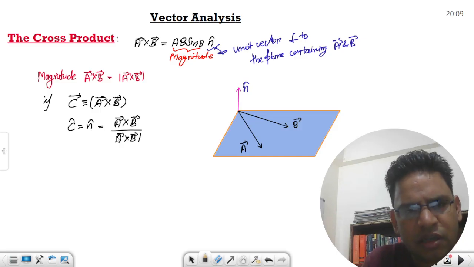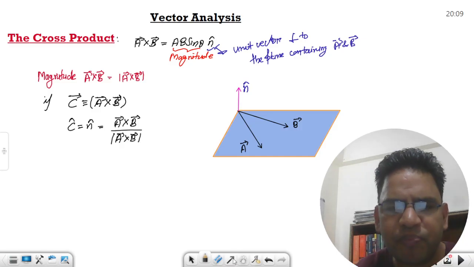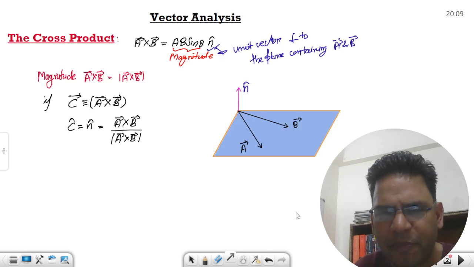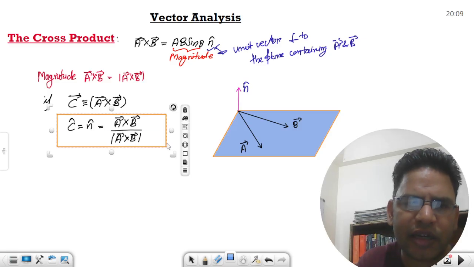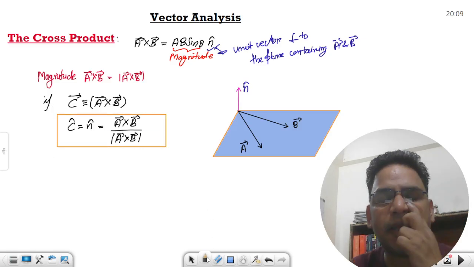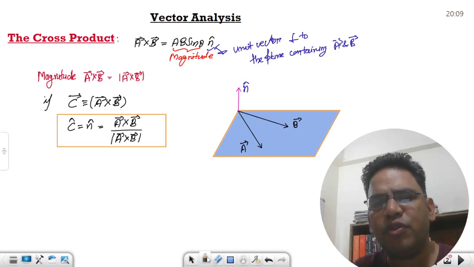This is going to be the unit vector perpendicular to the plane of a and b. That's the basic idea. Okay, three lines, I am using them for the definition part.